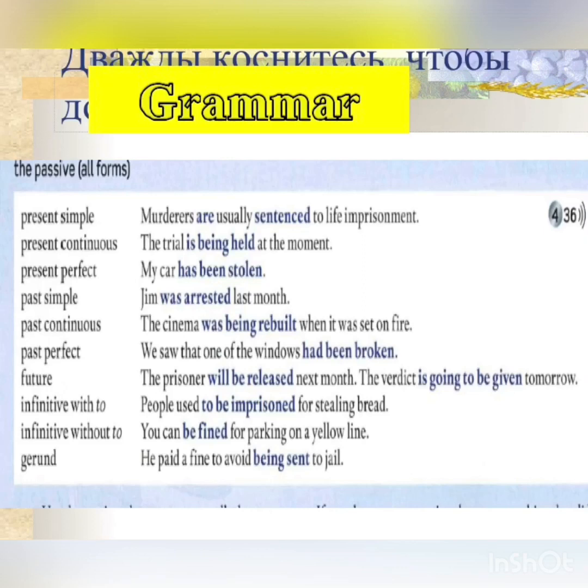Past perfect. We saw that one of the windows had been broken. Future. The prisoner will be released next month. The verdict is going to be given tomorrow. Infinitive with to. People used to be imprisoned for stealing bread.